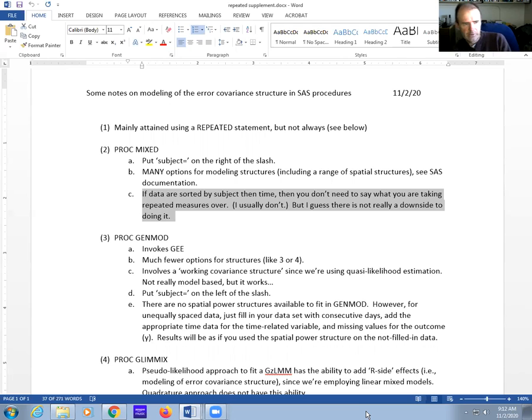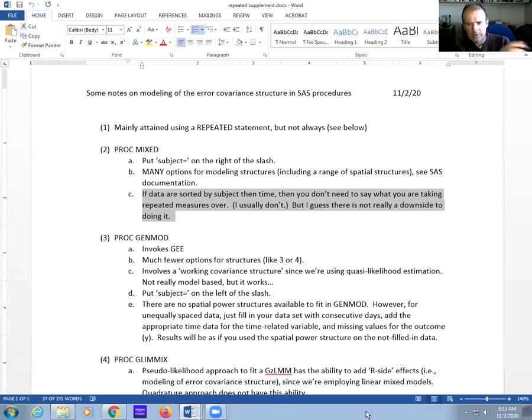But as long as you sort your data by subject and then by time, it's going to just take whatever consecutive measures that you have for that subject, and it's going to model that. So typically I don't put in a day or time, but honestly, it's probably a good idea. I've gotten in the habit of sorting the data.